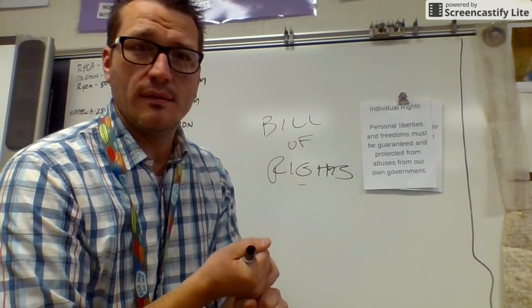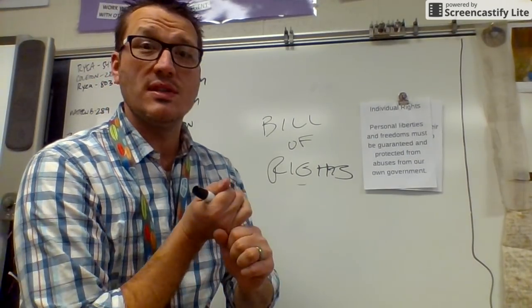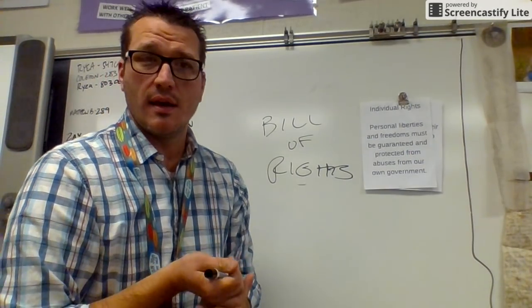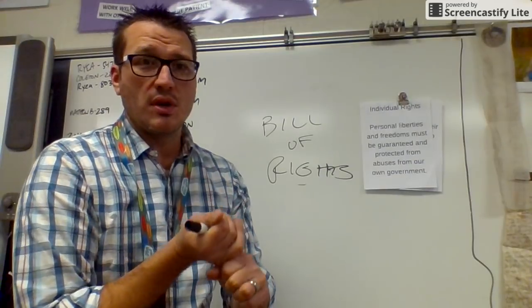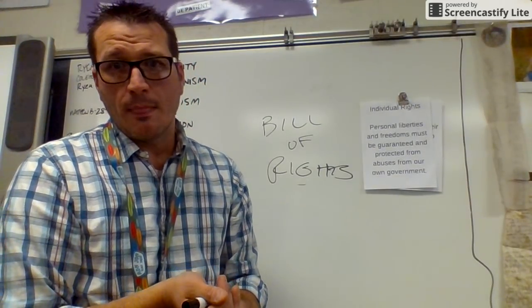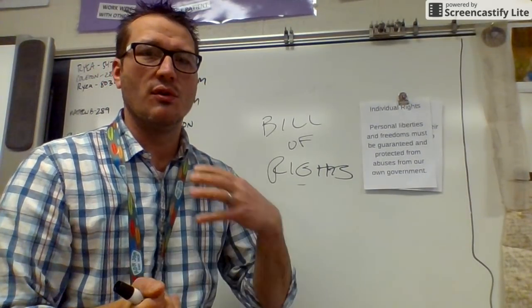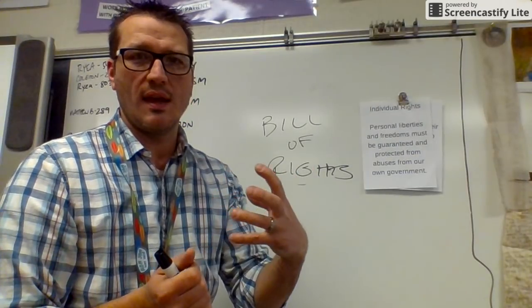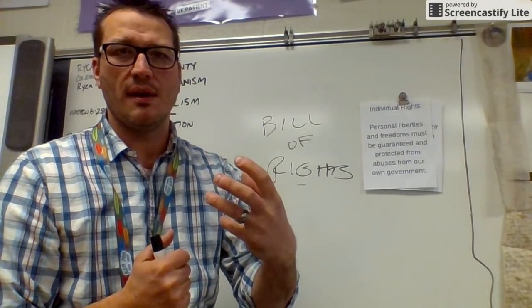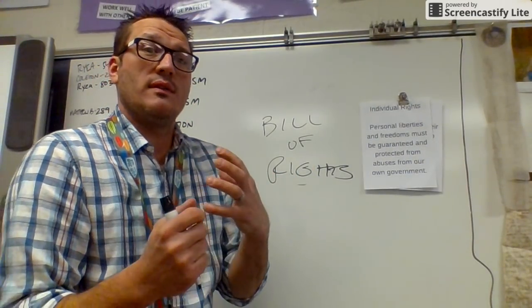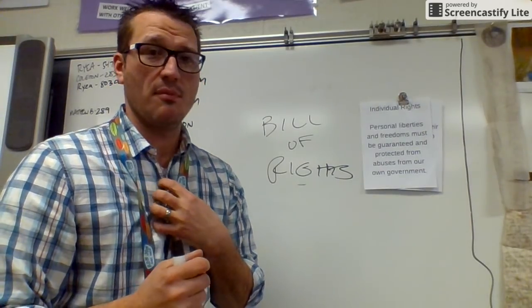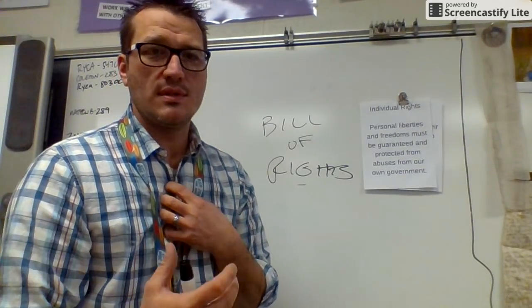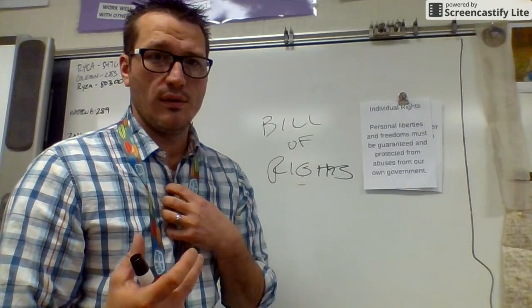If you don't like the government, you can actually speak out against it. You can protest. If you want to start a newspaper, you can make a newspaper. The government cannot limit your voice. That's one example of a personal liberty or a freedom. And it's guaranteed to us that the government cannot abuse us by taking away those liberties.